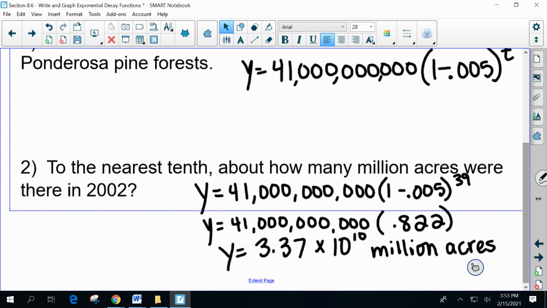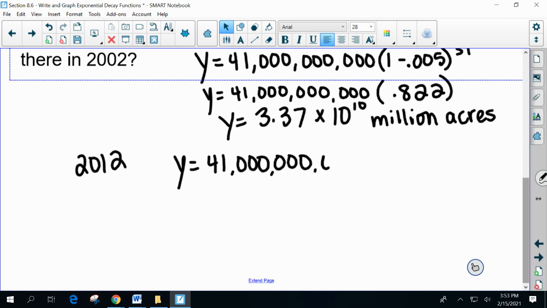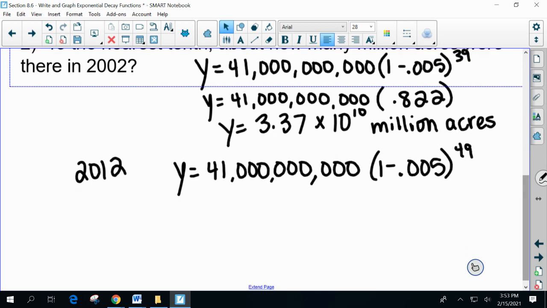Okay, so then the next question is about how many will be left in 2012. We would need to add 10 more years to this. So for 2012, we would have 41 million times 1 minus 0.005, and we're adding 10 years, so it would be to the 49th power. So 1 minus 0.005 to the 49th power.